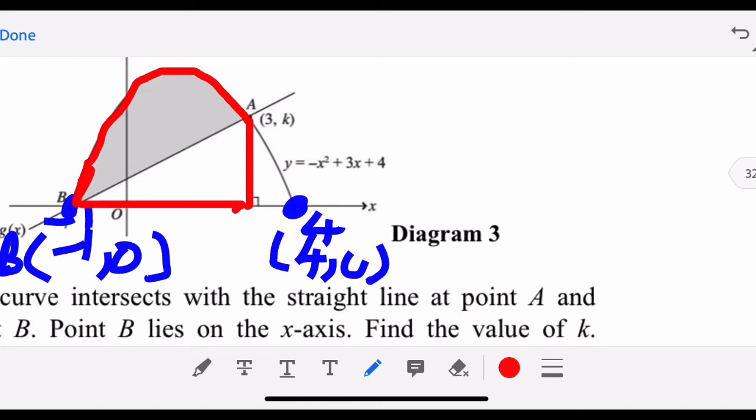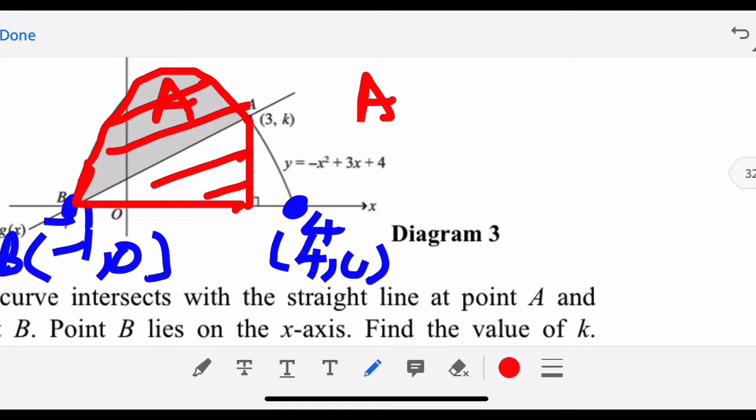We integrate this area, which represents the red color under the curve. The limit is from -1 to 3.